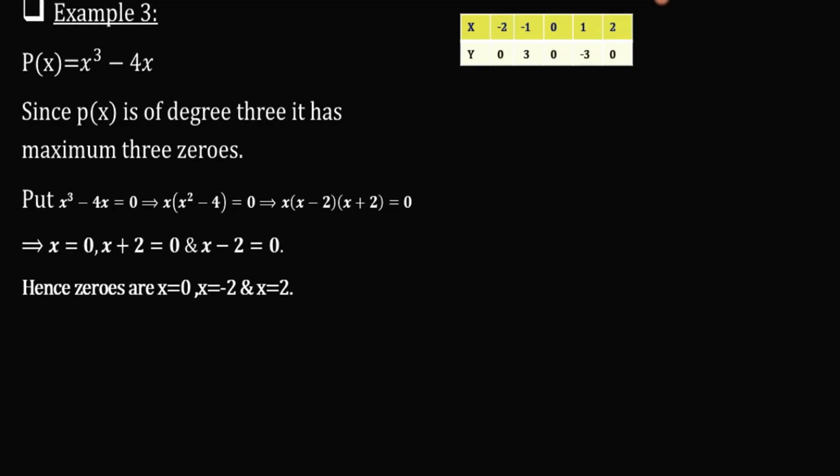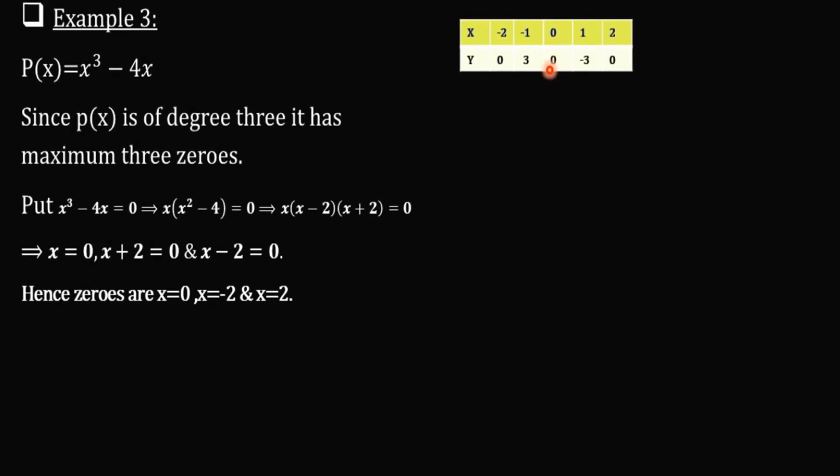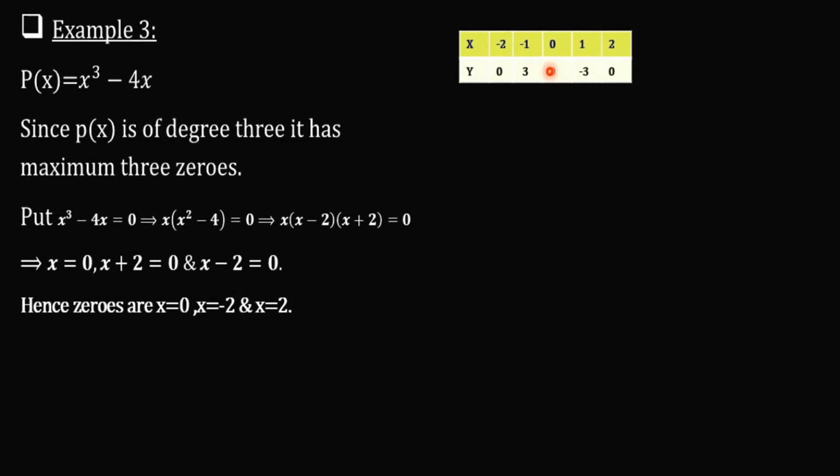So our points are: when x equal to 0, y equal to 0, that is the polynomial is 0.